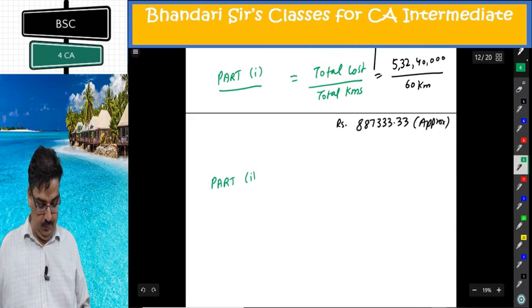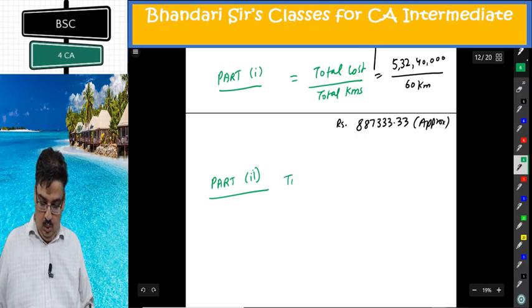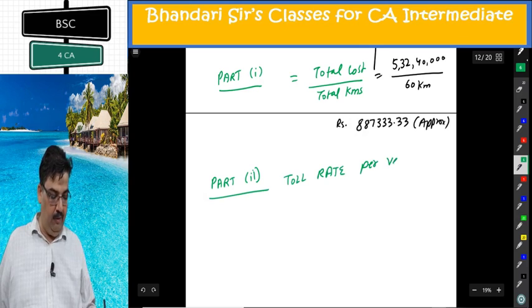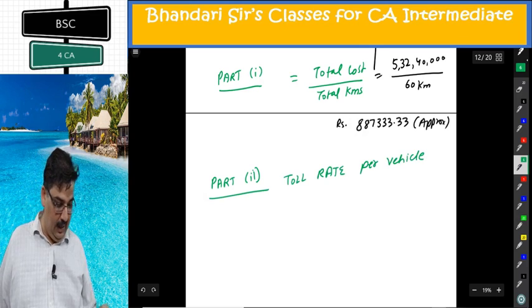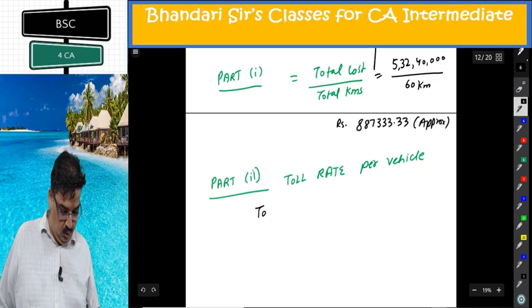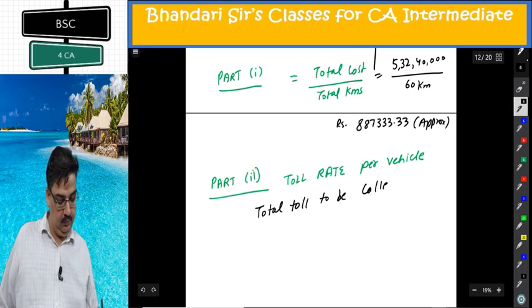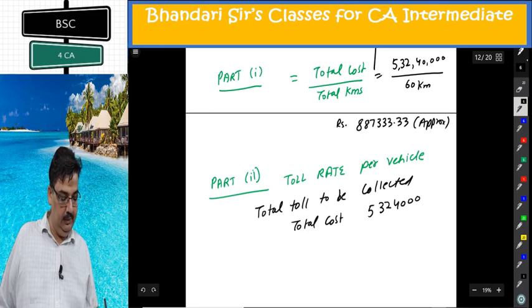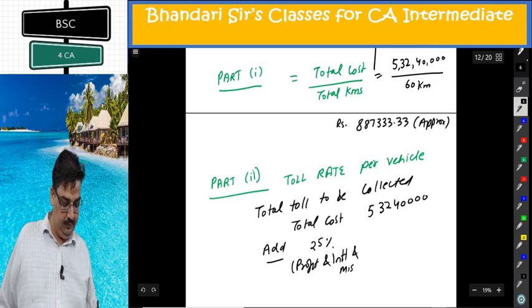Part 2. Toll rate per vehicle. I'll first get the total toll to be collected. Total cost 5 crore 32 lakh 40,000. Add 25% for profit and interest and miscellaneous cost.